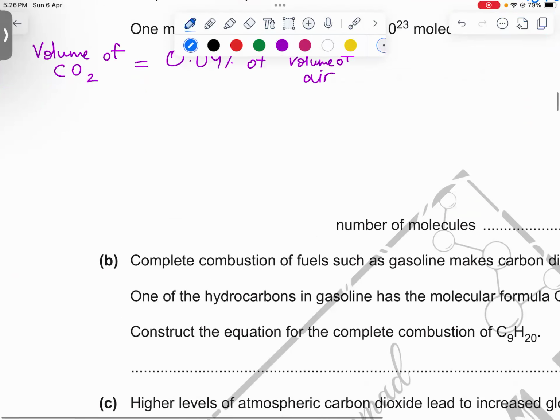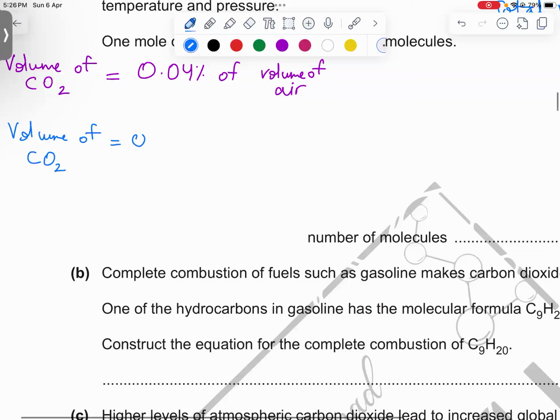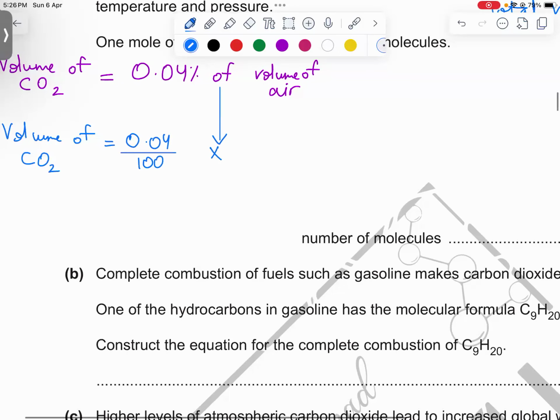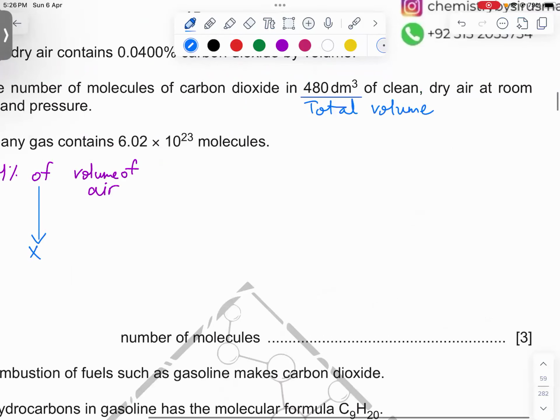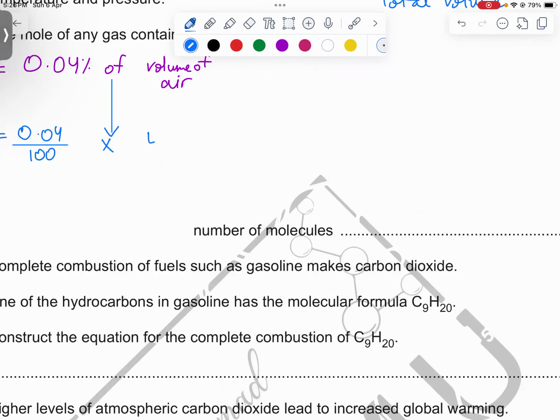So according to that, we can find out volume of CO2 is equal to 0.04. When the percentage sign is removed, you put 100 beneath it. Okay? Of in maths means multiply. I'm sure you guys know that. Volume of air is what is given to us, which is 480 dm³. So multiply by 480 dm³.